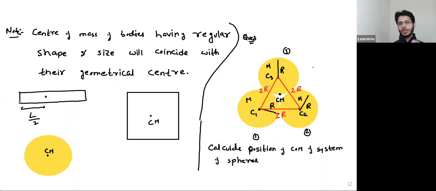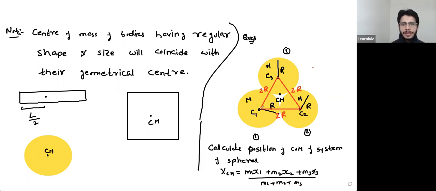So the separation between any 2 points is 2R only, and the mass of each sphere is m. You can easily calculate the position of the center of mass. The x coordinate is m1 x1 plus m2 x2 plus m3 x3 by m1 plus m2 plus m3.